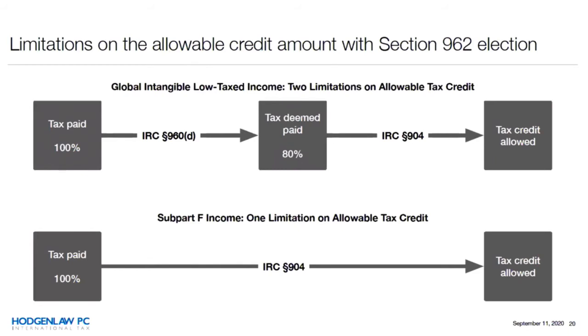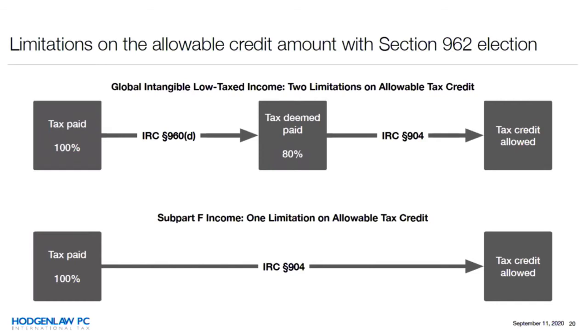There are two limitations that you have to think about on how much the tax credit allowable is. So we're going to now assume you're making the Section 962 election, and the question is, how much tax credit can you take?